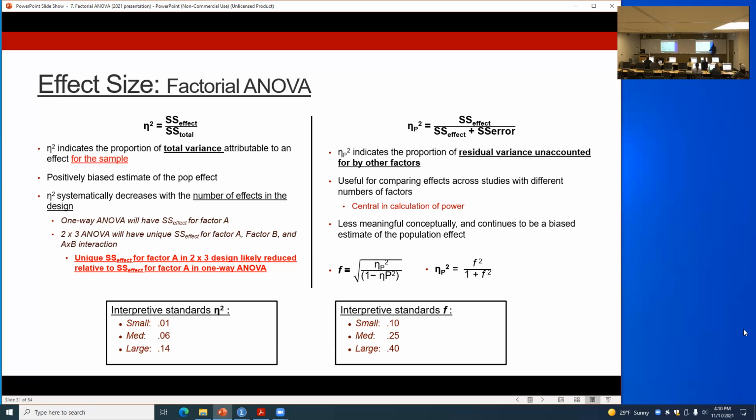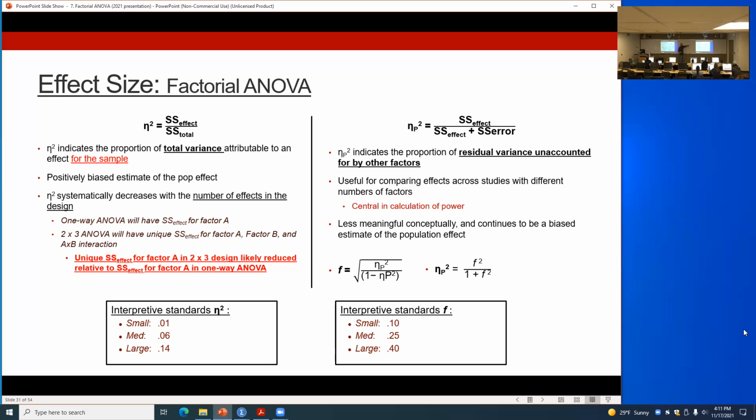That denominator is going to be systematically smaller because what we're looking at with our partial eta squared is, how I would phrase it, the proportion of residual variance unaccounted for by other factors. So if we think about what's going on in this denominator, if I take the total piece of the pie, this is all the variability, right?